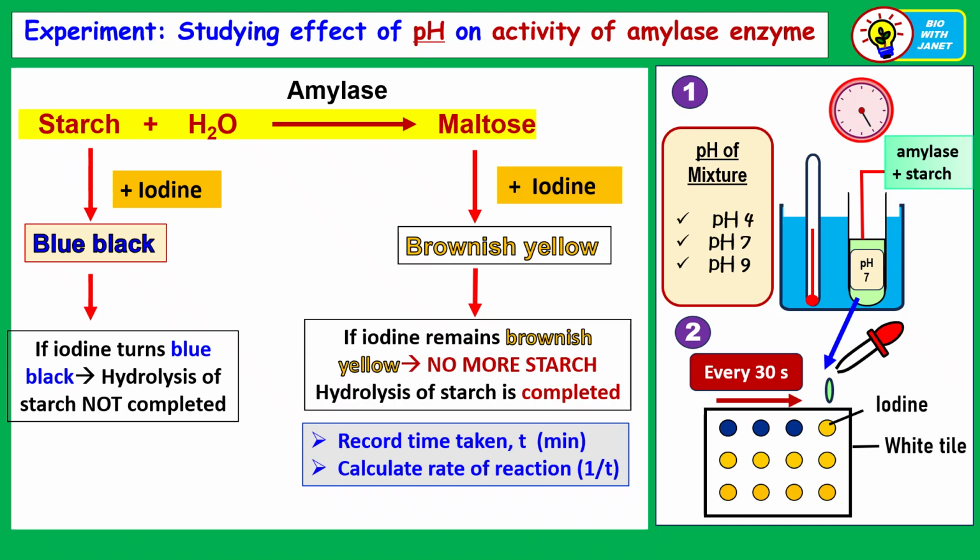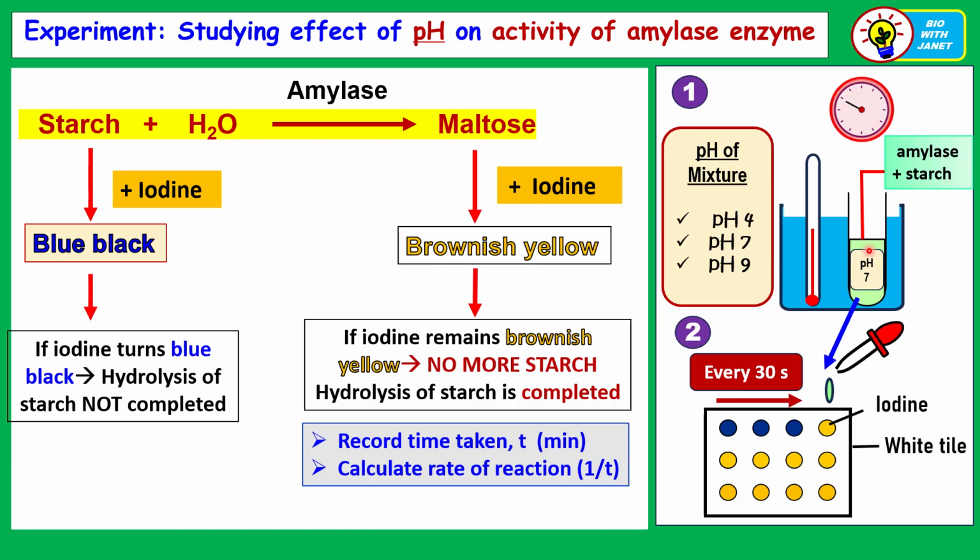Now, in this experiment to study the effect of pH on the activity or rate of reaction of amylase enzyme, we need to know the equation for this enzymatic reaction, which is as follows. Starch plus water with the help of amylase produces maltose. Looking at the right hand side, this is the setup for this experiment.